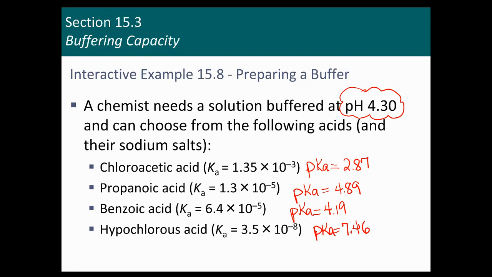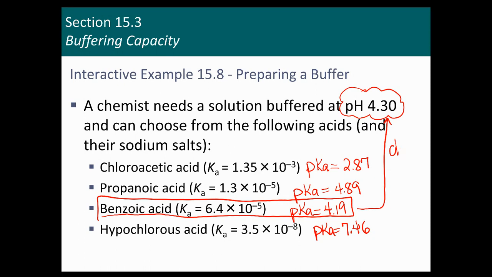Okay, so I'm looking at these numbers. Which one's closest to 4.30? The pKa is our benzoic acid. So this would be our appropriate buffer system because it's closest to the desired pH.